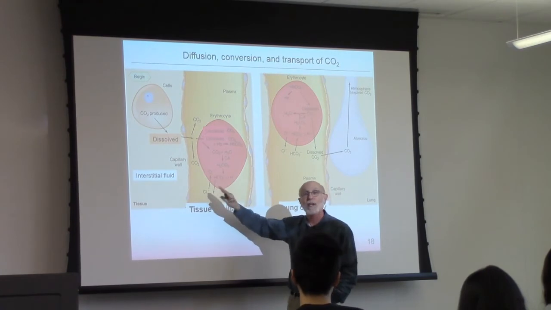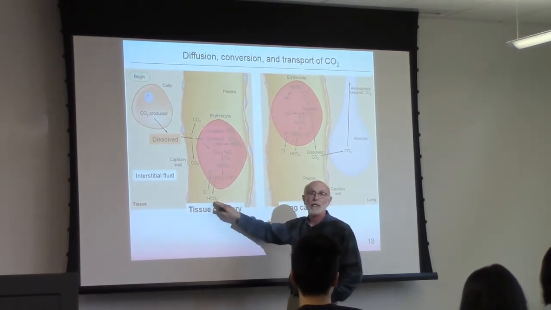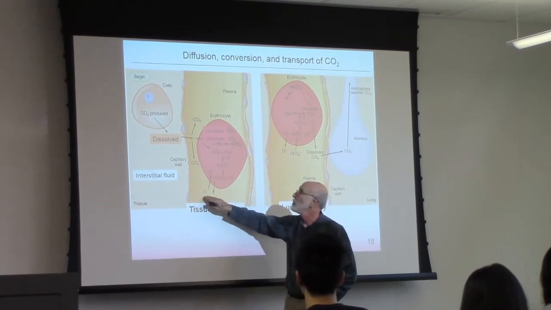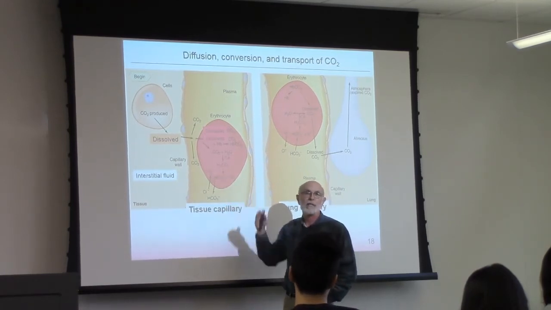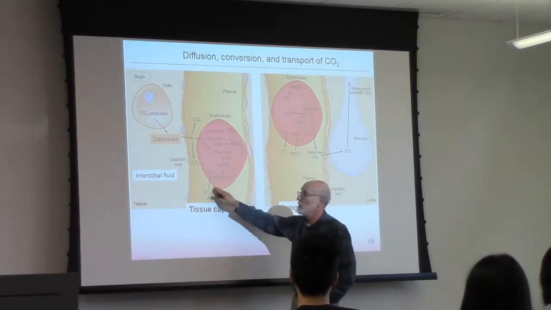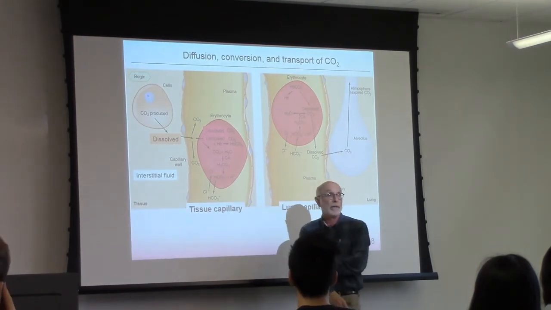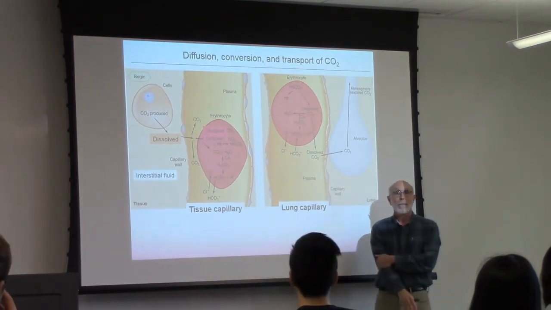But the point is it's a transporter. It's a protein that moves bicarbonate down its electrochemical gradient and moves chloride down its electrochemical gradient. And it's not diffusion as the arrows in the textbook might have led you to believe.